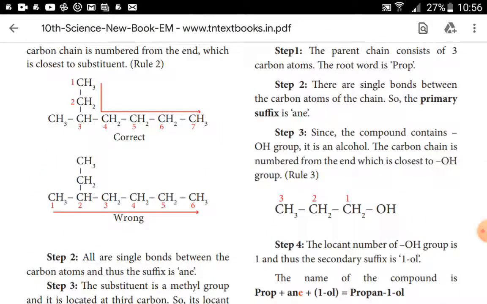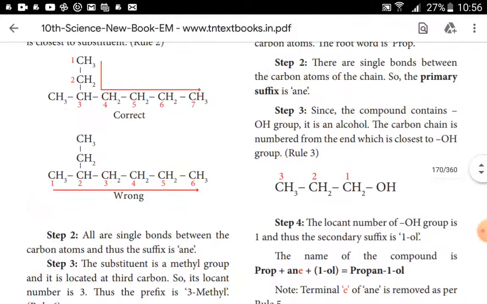Learn these 6 rules. Try to apply these 6 rules to write the IUPAC name. Next class you will get more examples to understand this naming of organic compounds based on the IUPAC pattern. Prepare well, don't waste the time.